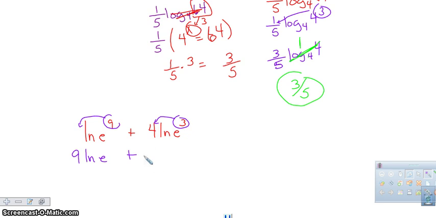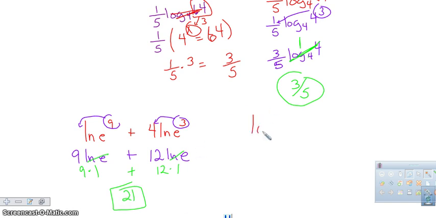There's a 4 already there, so I have to multiply. So I get 12 natural log of e. And the natural log of e is 1. So I have 9 plus 12, which is 21. There's the power rule.